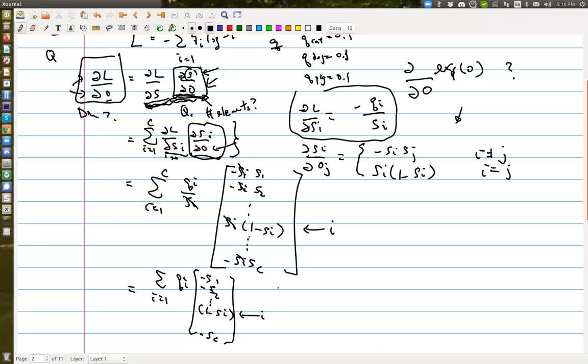If you think of that, you sum over this. For example, just focus on the first coefficient here. Whenever i is not equal to 1, I will just sum them together. So the first one is basically equal to 1 minus S1, because when i equals 1, I will have this one here.